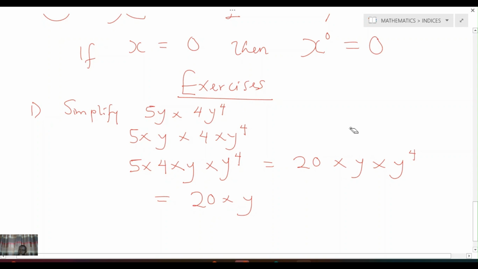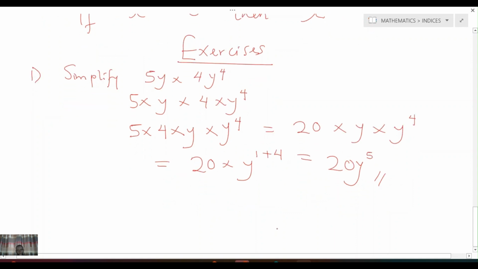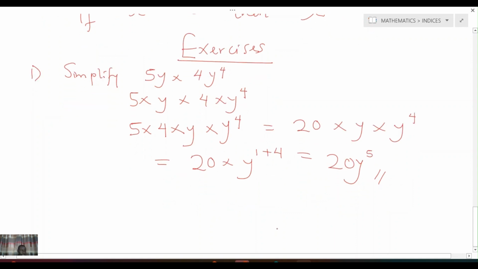Good. So this will be equal to 20y raised to power 5. This is the answer.